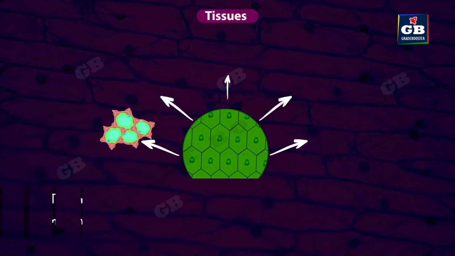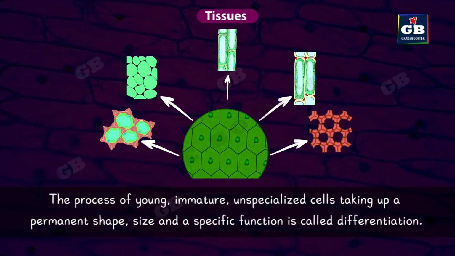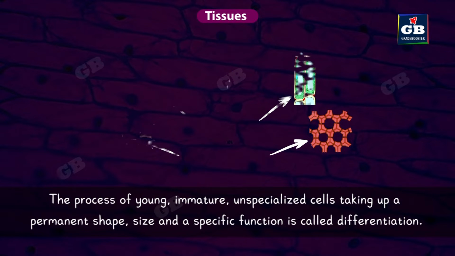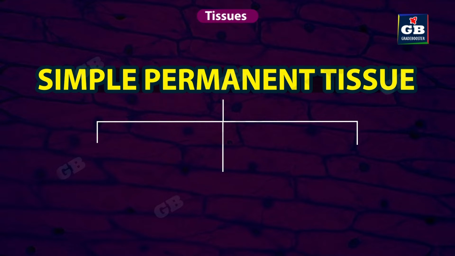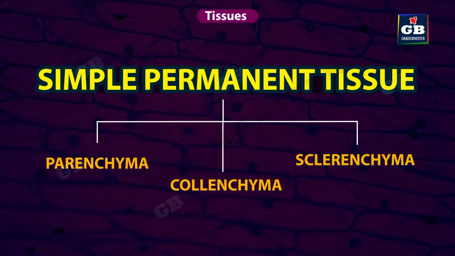So, the process of young and immature unspecialized cells taking up a specific shape, size, and a specific function is called differentiation. Now, let us see the simple permanent tissue. Simple permanent tissue is of three types: parenchyma, collenchyma, and sclerenchyma.